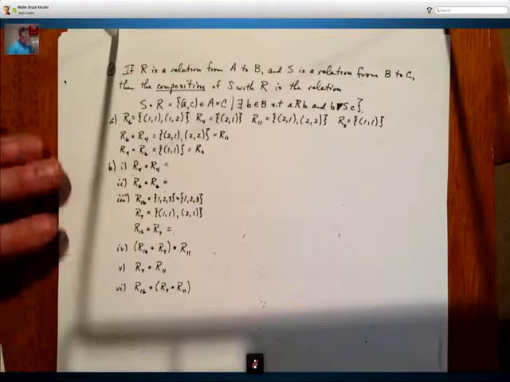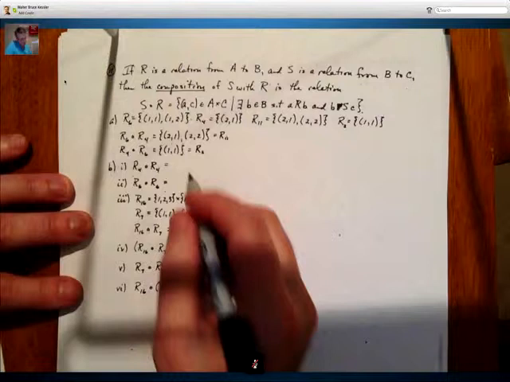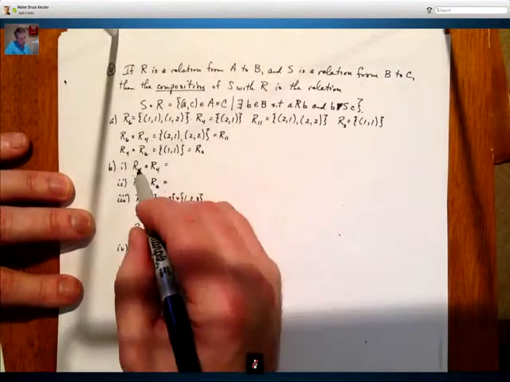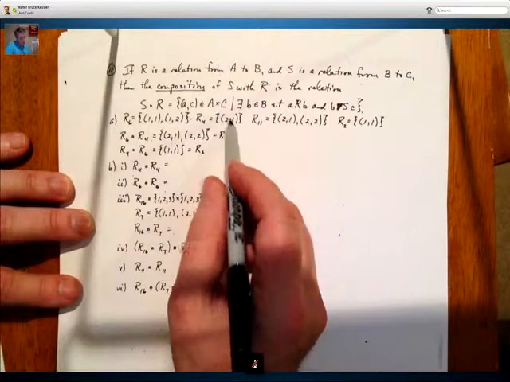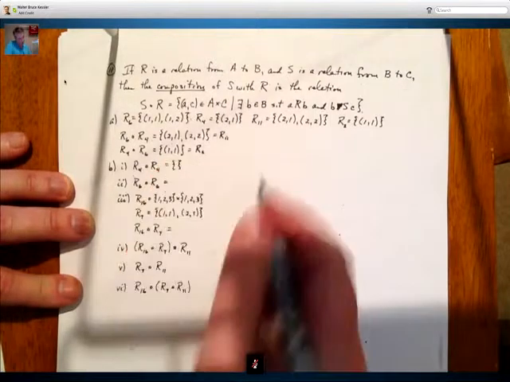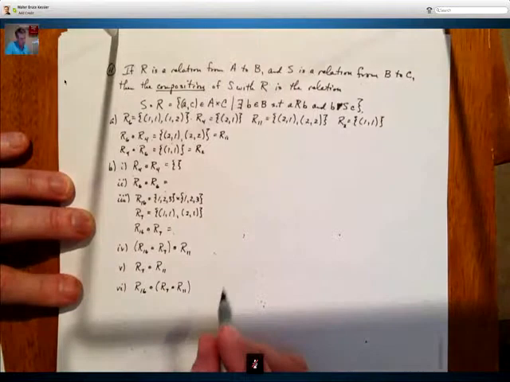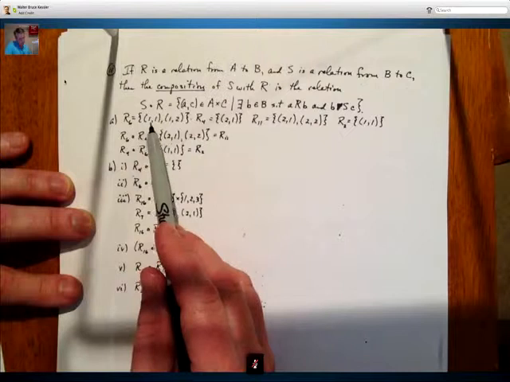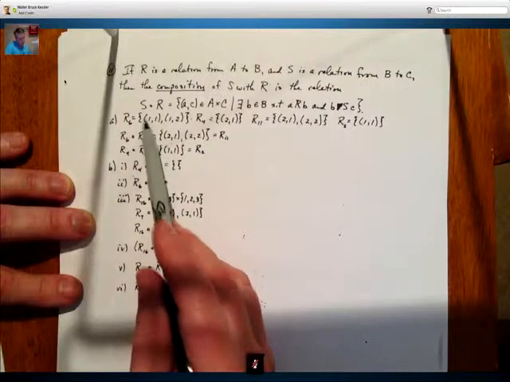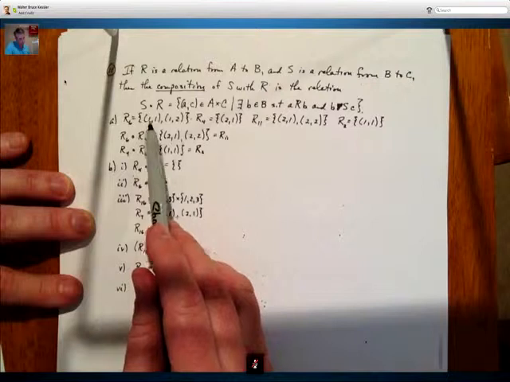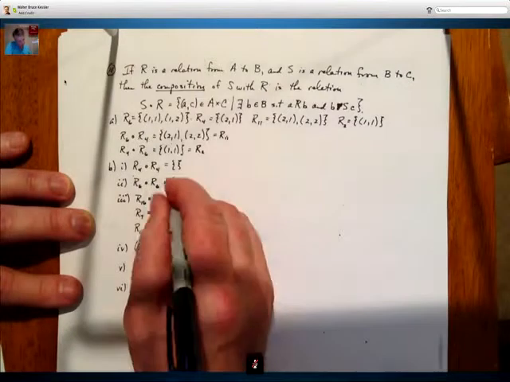So if we do R4 composed with R4, we start with a 2, which goes to the 1, and then we go to this set and look for a 1 to connect it, but there isn't one, so this is just an empty set. With R6, we start with a 1 and go to a 1, and then 1 in the second R6 is connected to both 1 and 2.